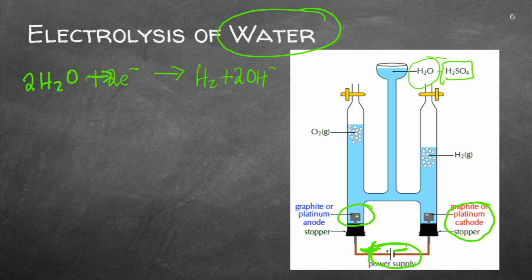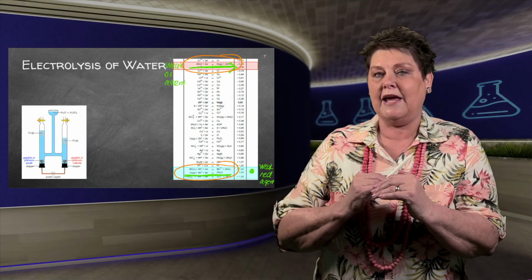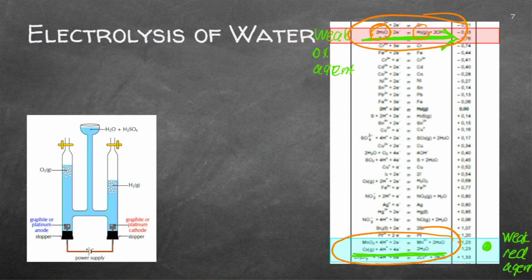So that one is 2 H2O giving me O2 plus 4 H+ plus 4 electrons. Go and have a look at your electropotential table, and you'll find those two water reactions, where this water will form hydrogen gas, and this water here will form oxygen gas.